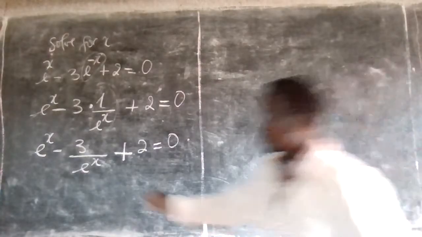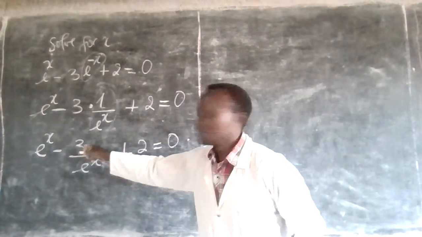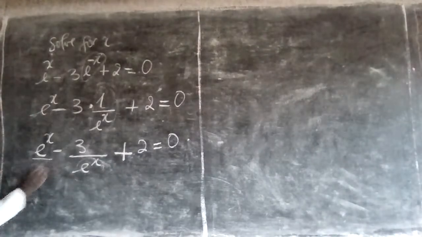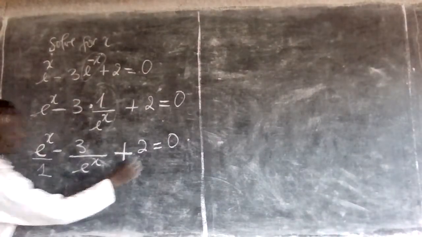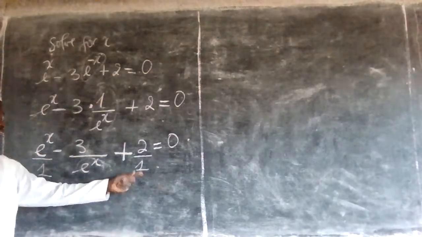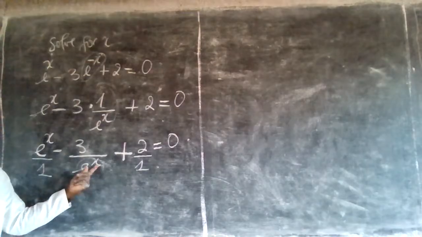Now here, you see, this is a denominator of this e. But for these remaining numbers, we don't have a denominator. You have to put here 1, and also put 1 here. Then we are going to find the common denominator of this one, e power x, and this one.